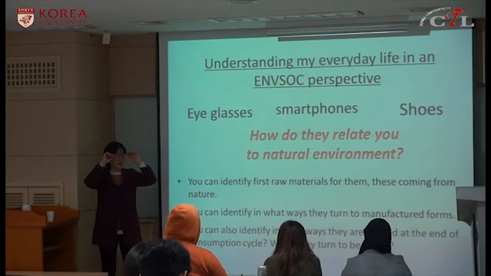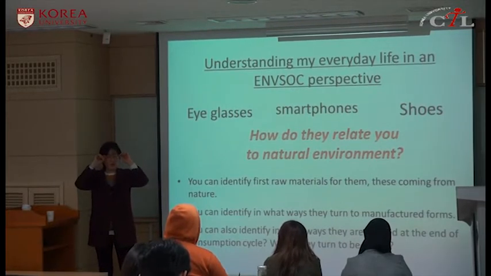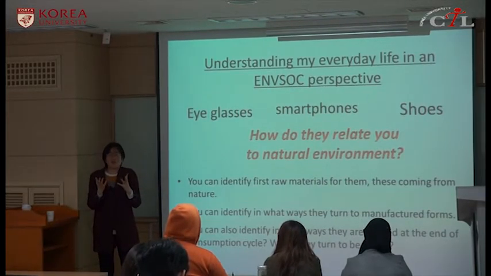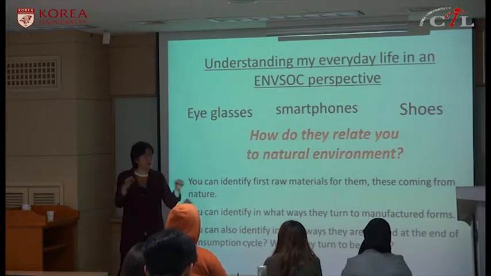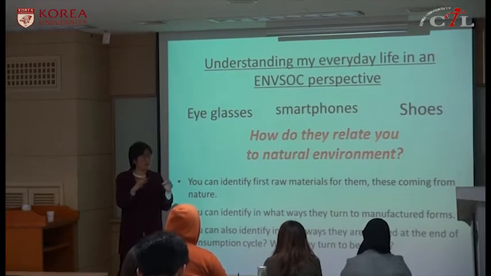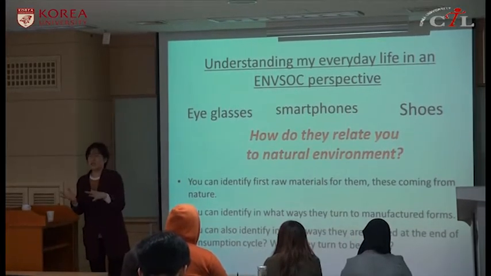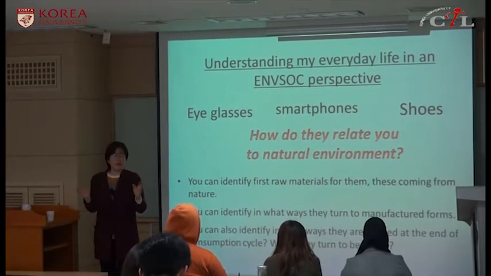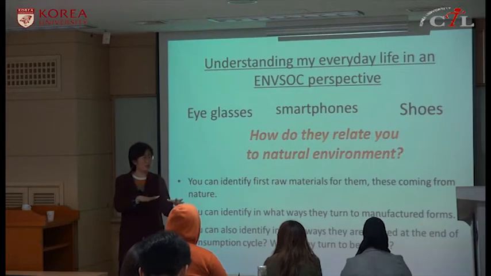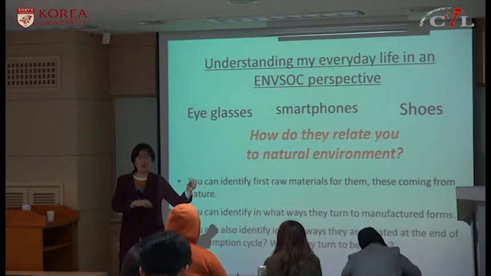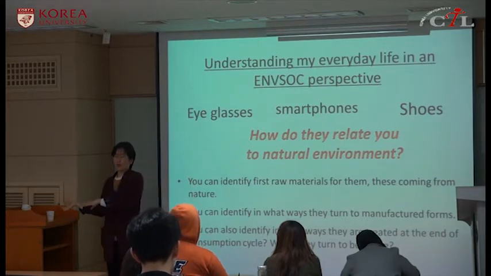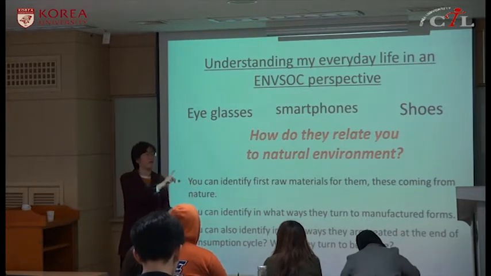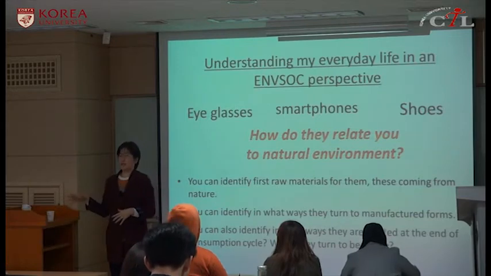Is it made of plastic? No, plastic is not a natural form, right? They probably start in a more natural form, and then they're put into heat, and then it turns to be plastic somehow. Anyway, you identify the process, the raw material in a natural form turning into a manufactured product. You identify the process, right?